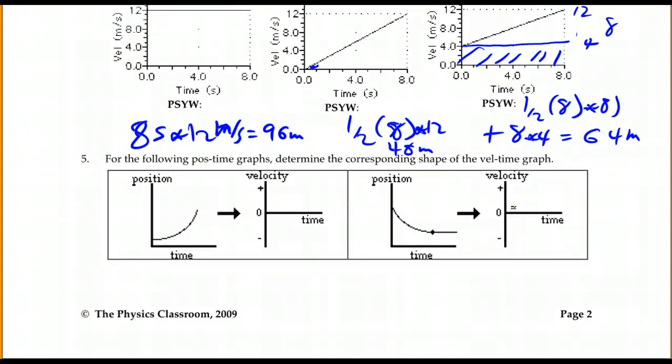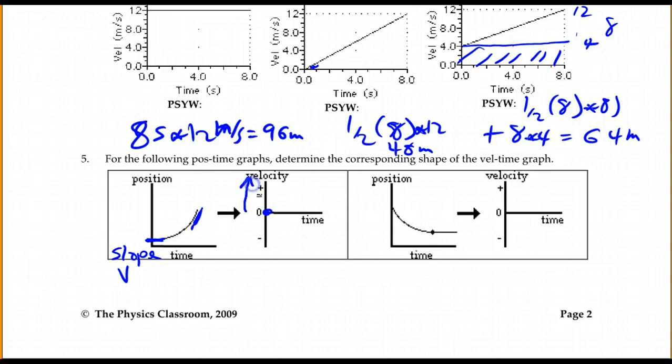Okay. And finally, once we get fluent in the language, you should be able to put all of these different elements together. So here we're going to look at the position time graph and see how it should look as a velocity time graph. Looking at the position time graph for some key elements, it looks like my slope is 0 at the beginning. And again, the slope of a position time graph is my speed. So I should start at 0. And then I'm getting faster, because the slope is increasing and getting more and more positive.